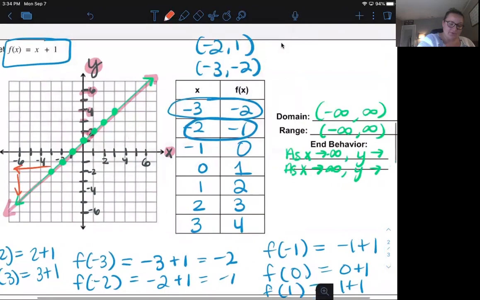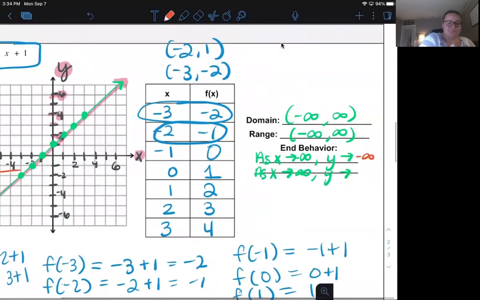So y approaches negative infinity as well. Then as x approaches positive infinity, so as this graph extends off to the right forever, y is increasing. So y also approaches positive infinity.